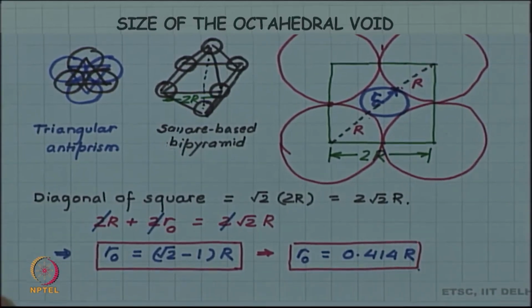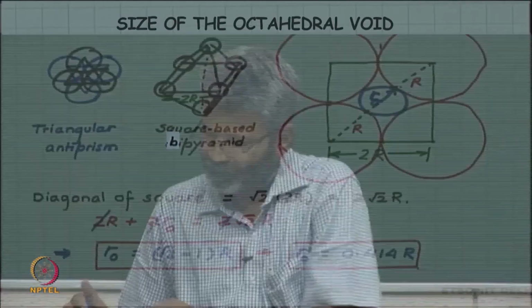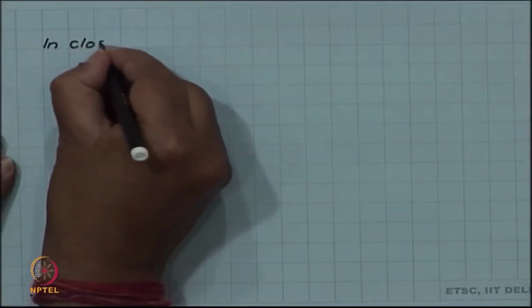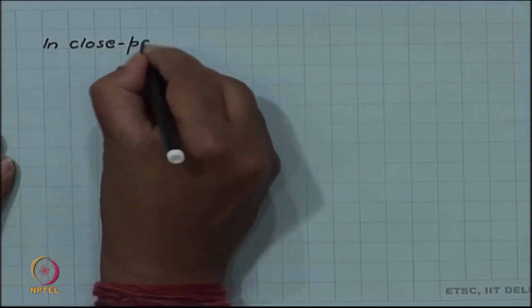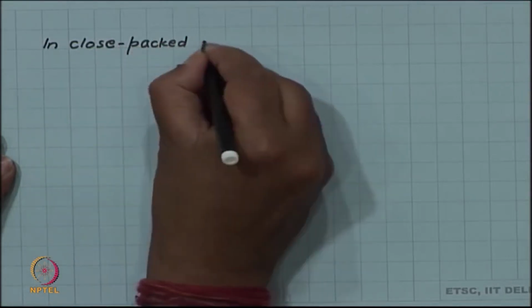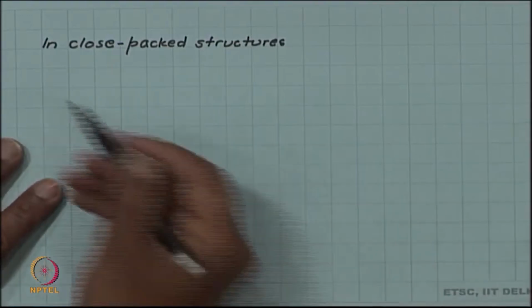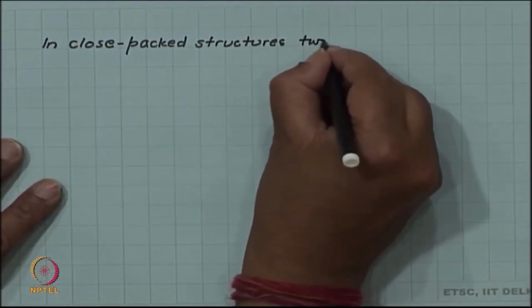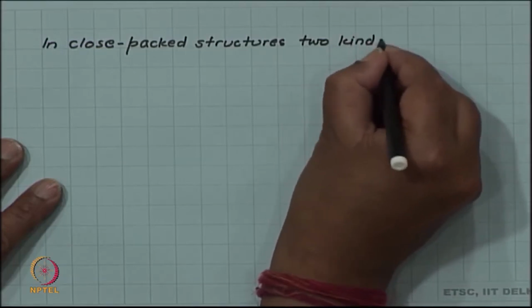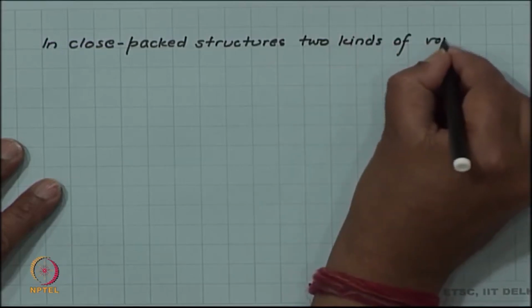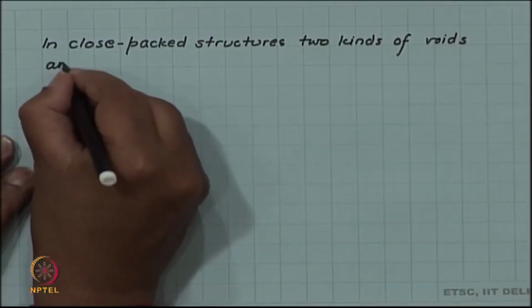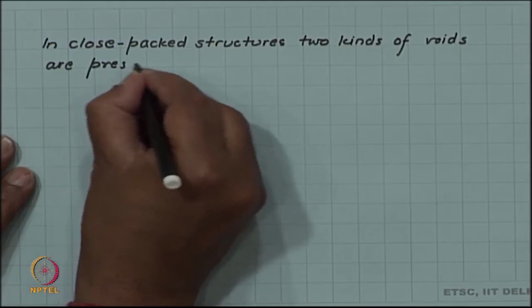Let us summarize. In close packed structure, two kinds of voids are present.